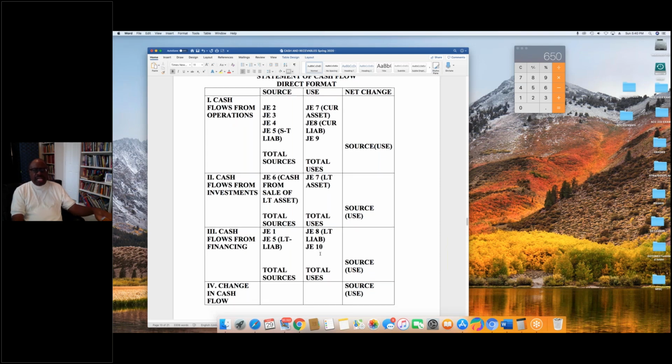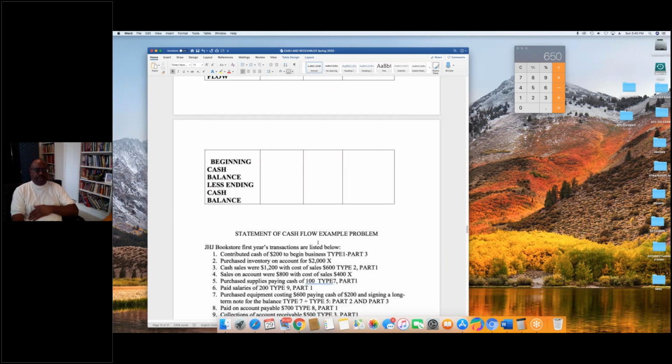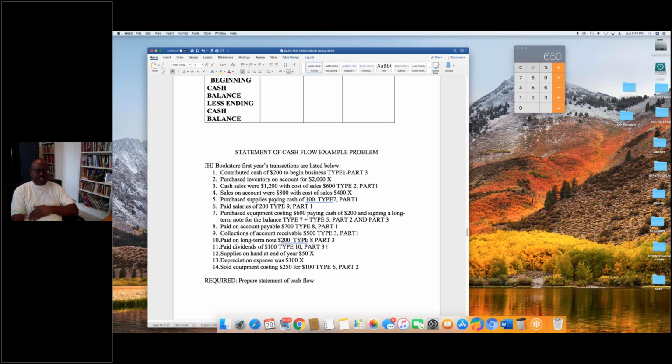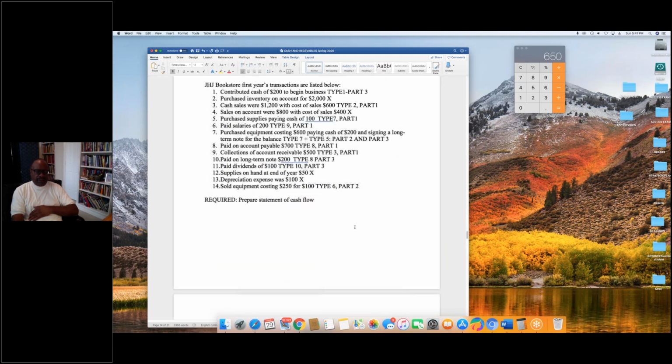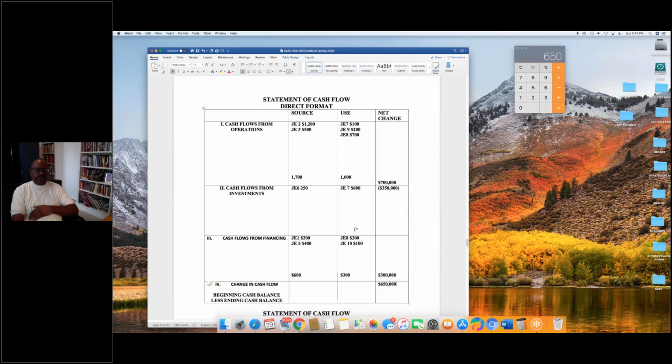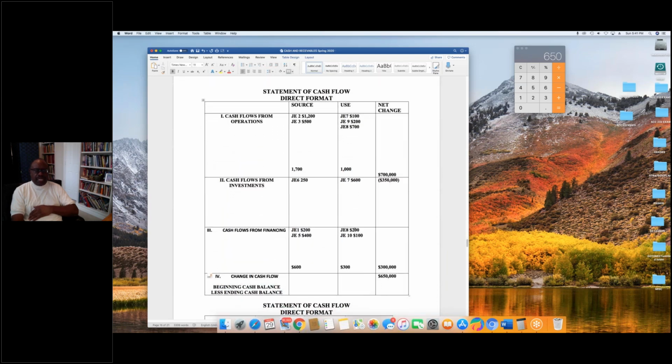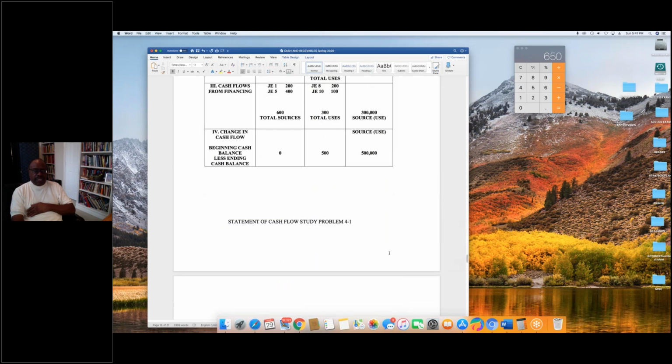So any transaction not involved in cash, not on the statement. Then we look at the transaction, make that determination, put X's by the ones we're not going to use. Then we prepare our statement. So this is that final statement that we said we're going to learn how to prepare. So now you know how to prepare.